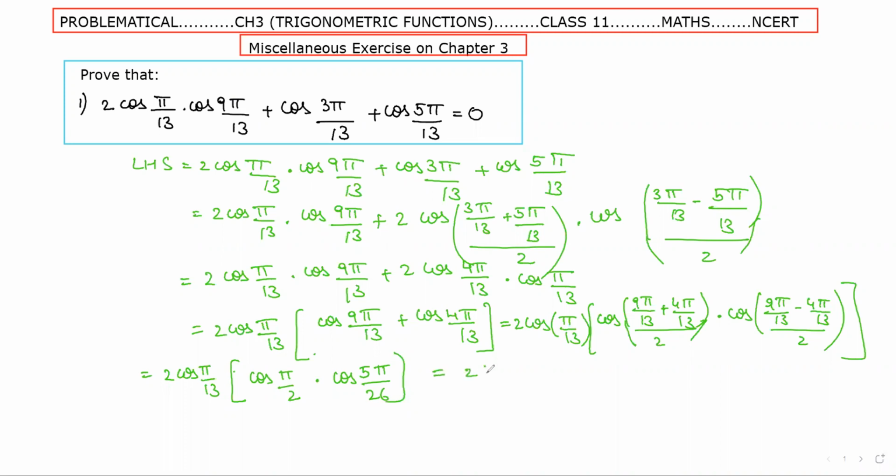So this makes the whole thing 0: 2 cos pi by 13 into 0 into cos 5 pi by 26. Multiplication of three terms, so this is equal to 0, which is your RHS.